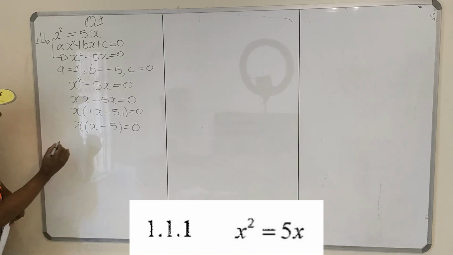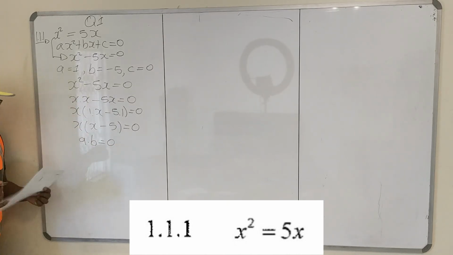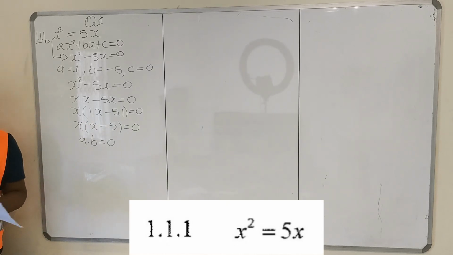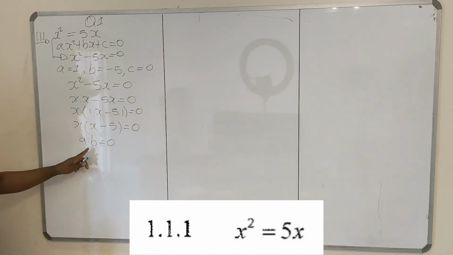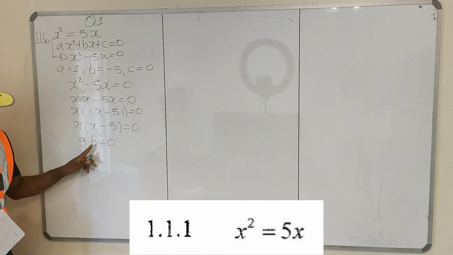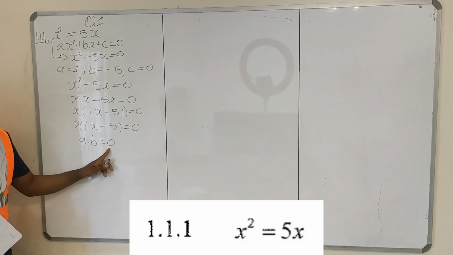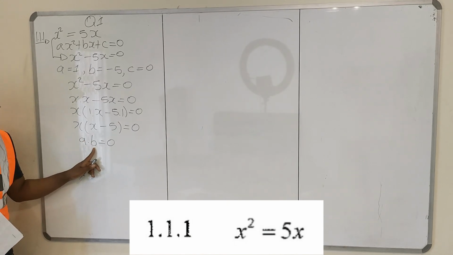Now, if you have a situation where you have a times b equal to 0, if you multiply two things and the answer is 0, what does that tell you? It tells you that at least one of the two things that you're multiplying is 0. If you have a times b and the answer is 0, that means either a is equal to 0 or b is equal to 0.